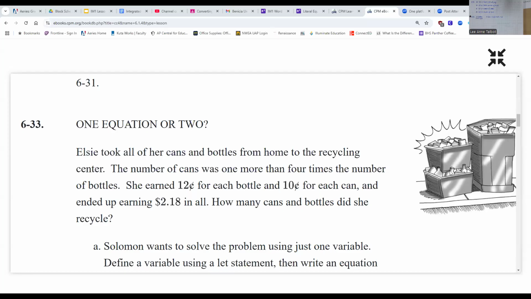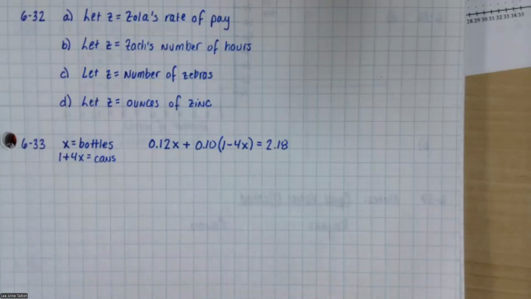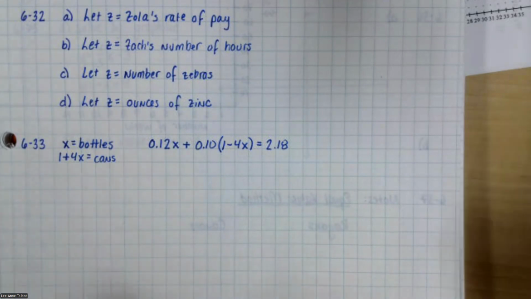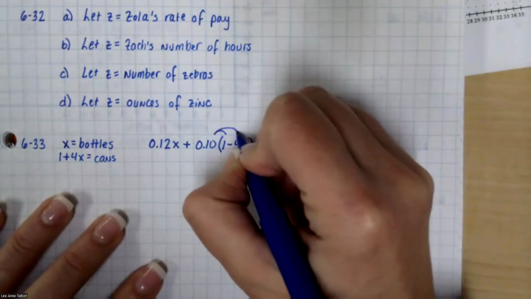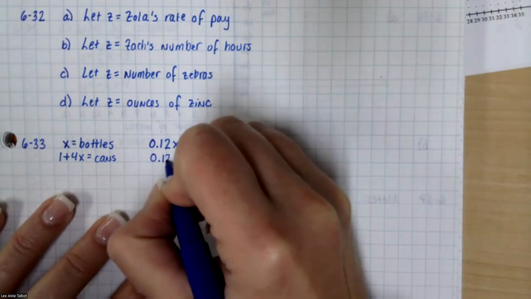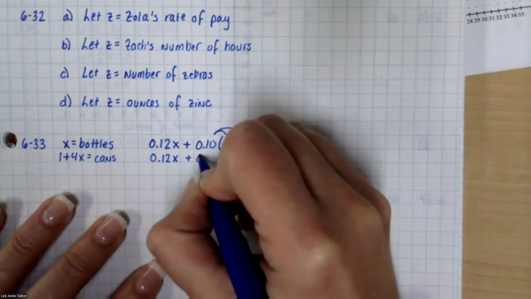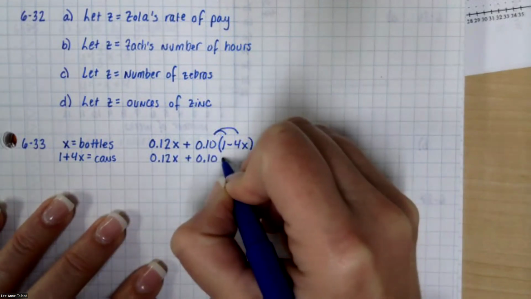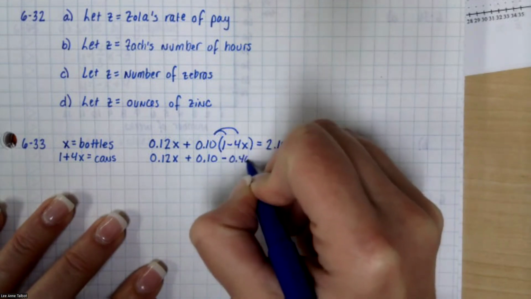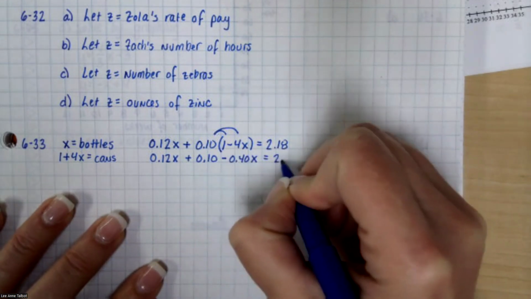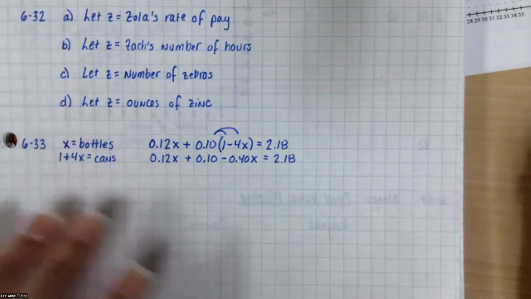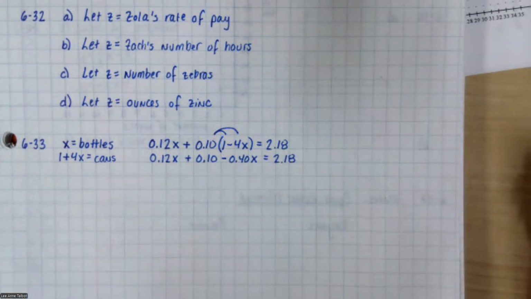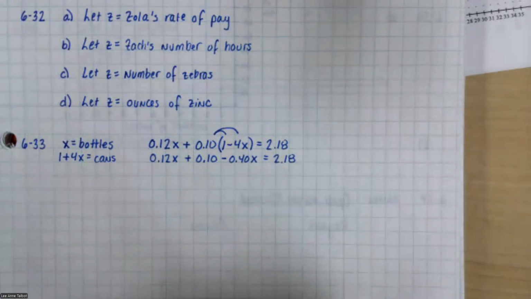All right. How do I solve? What do I do first? It starts with a D and ends with distribute. See if I can do it properly.